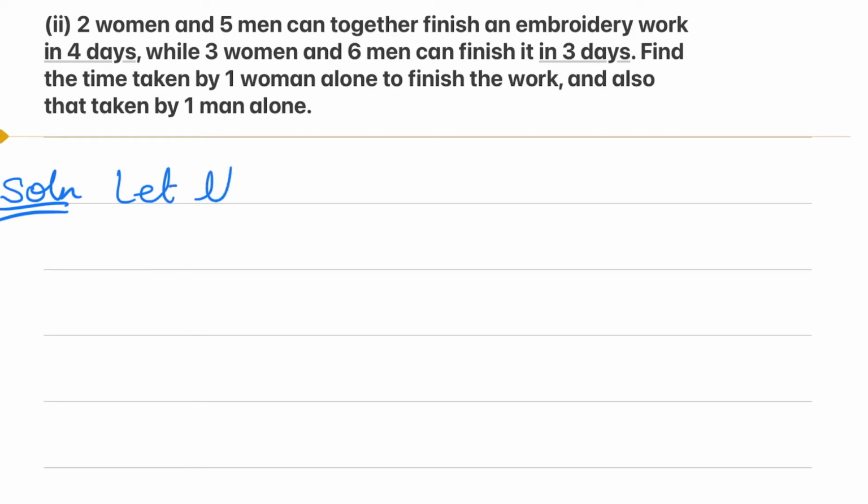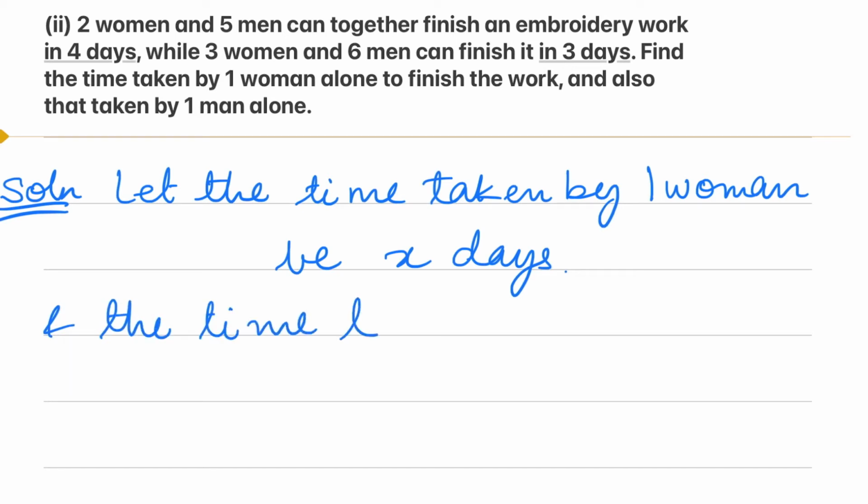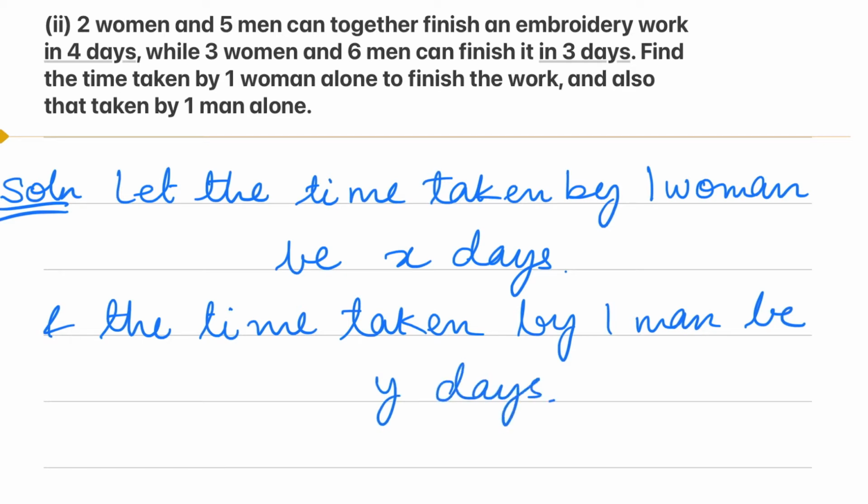So let the time taken by 1 woman be x days and the time taken by 1 man be y days. One woman will do 1 by x part of the work in one day.